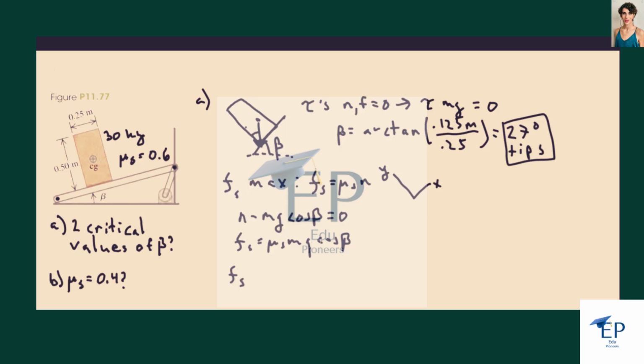Then we also have that F sub s minus mg sine of beta equals 0.